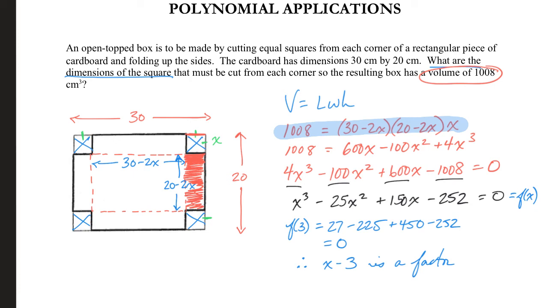You read the question, set up the problem, and worked your way through to that. That application stems from knowing that I can label my one side as an x, which will then generate these other dimensions of 30 minus 2x and 20 minus 2x.